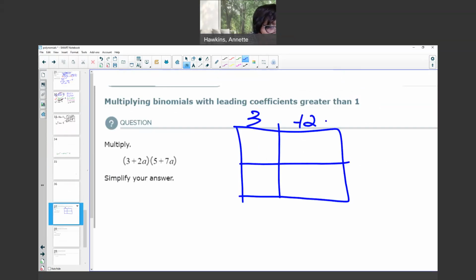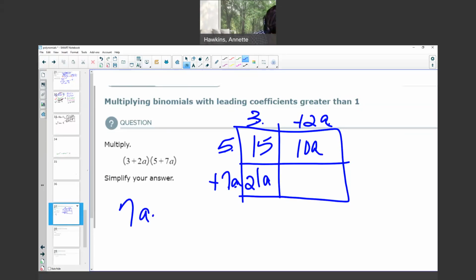3 plus 2a, 5 plus 7a. 3 times 5 is 15. 3 times 7a is 21a. 5 times 2a is 10a. 7a times 2a: 7 times 2, a times a. 7 times 2 is 14.